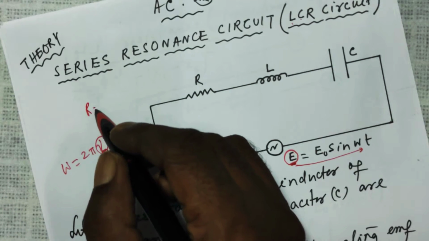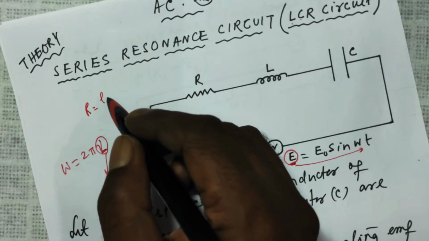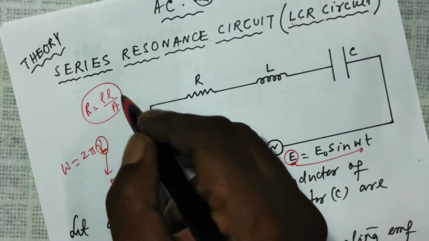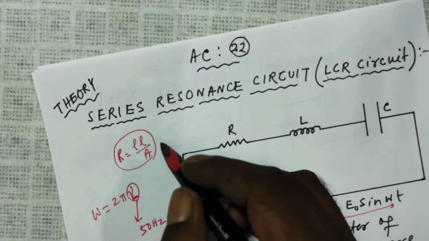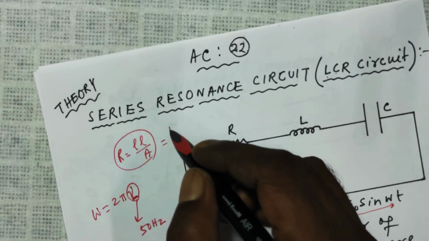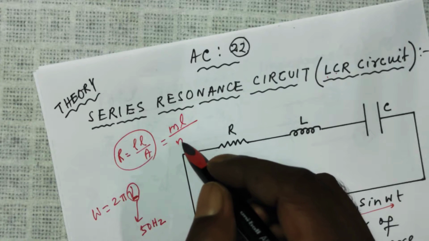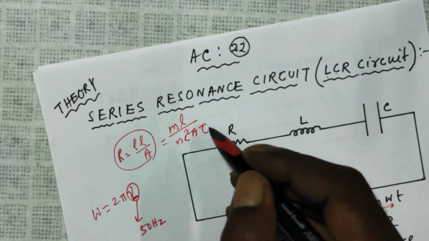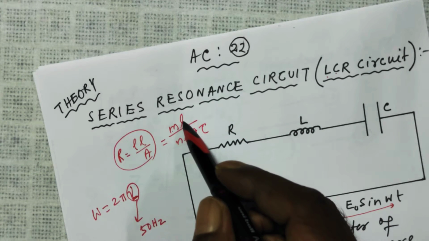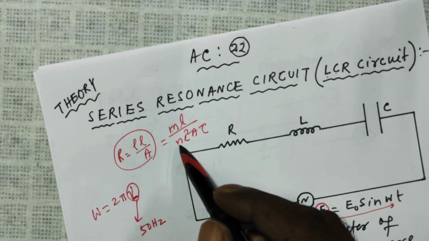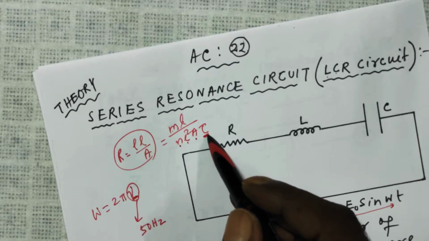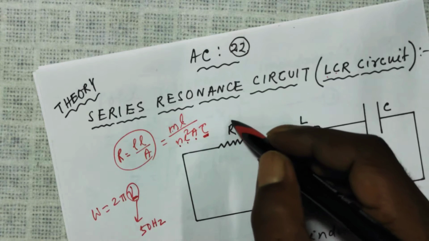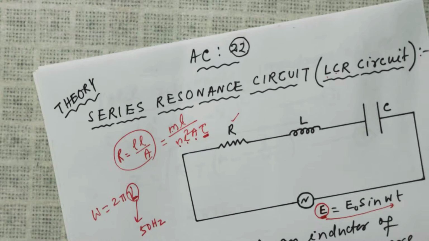Your R was equal to rho L over A. And also I had derived R was equal to, in current electricity, m L by n e square A tau: mass of electron, length of the conductor, number of electrons per unit volume, charge of electron, area of cross section of the conductor, relaxation time. So this thing depends on the nature of the material.